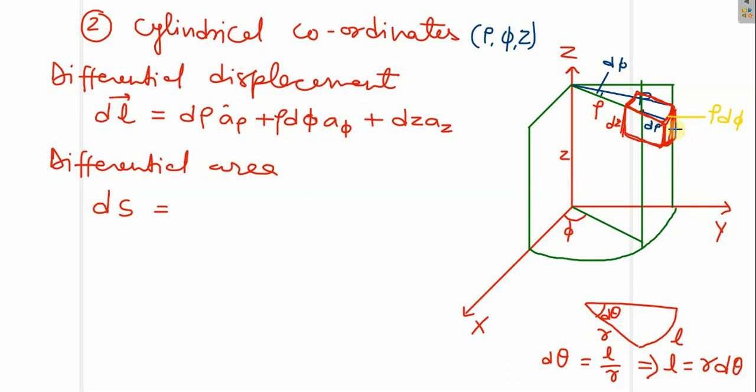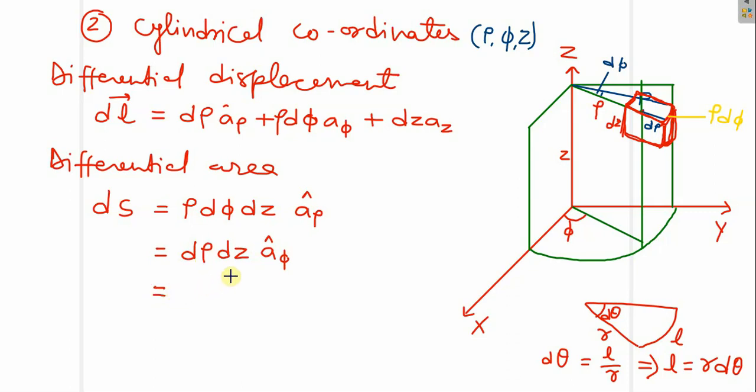The direction will be normal to the surface, and so it will be along the rho direction. So the first part will be rho d phi and dz, and the direction will be along a rho. Second will be simply d rho dz, and the direction will be along phi.